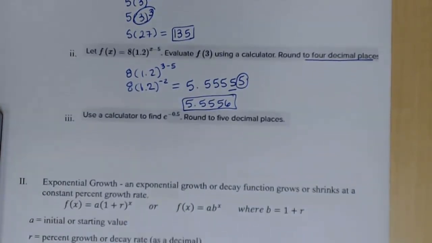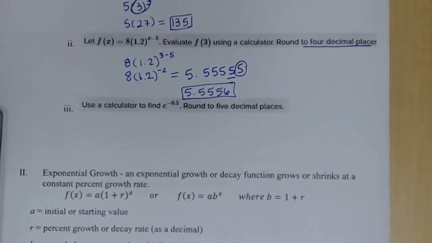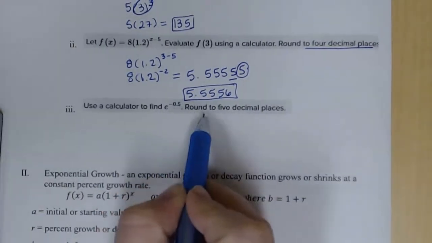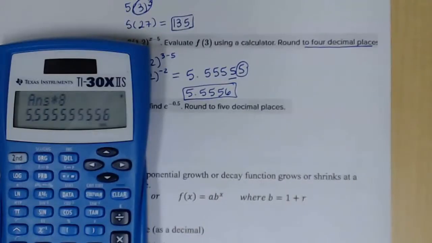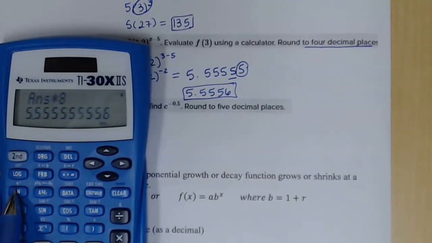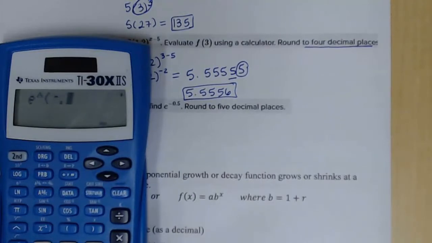Next, let's play with our E button. Use a calculator to find e to the negative 0.5, round to 5 decimal places. So we're going to have to go in here. Again, your E button, here's your LN button, so it's going to be right there with it. So I'm going to say second E to the negative 0.5, close it, enter.